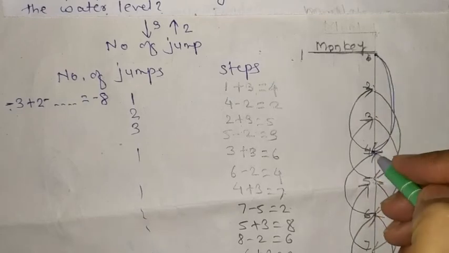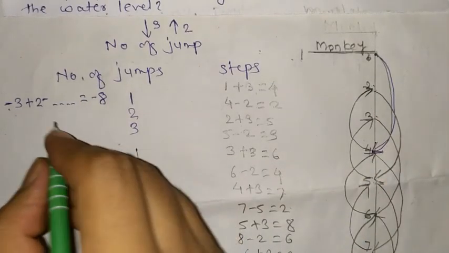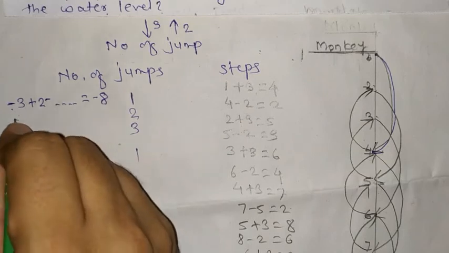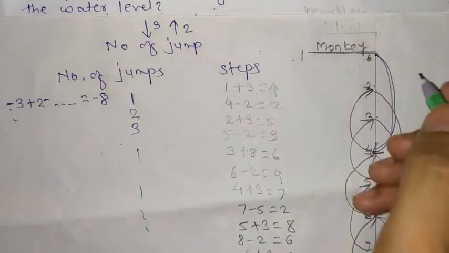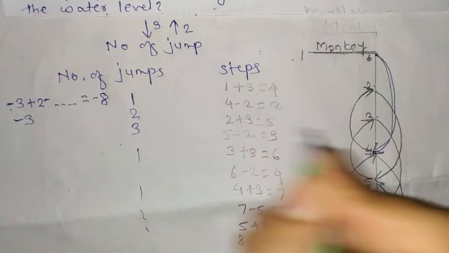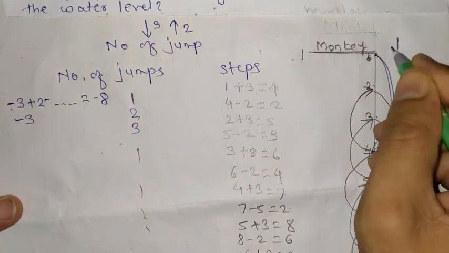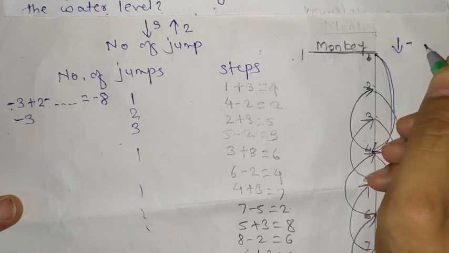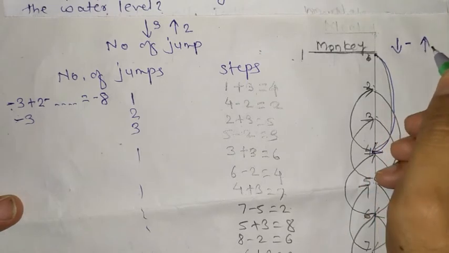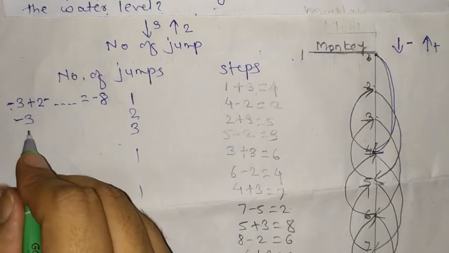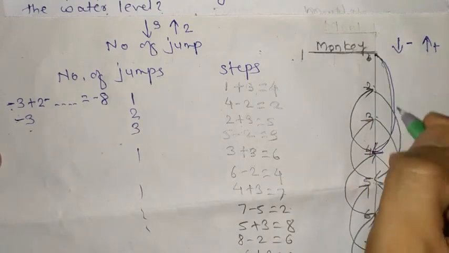Going from 1 to 4, it is nothing but 3, it is -3, because in the question they have mentioned downside means minus and upside means plus. So that's why we wrote -3, because the monkey is going downside.